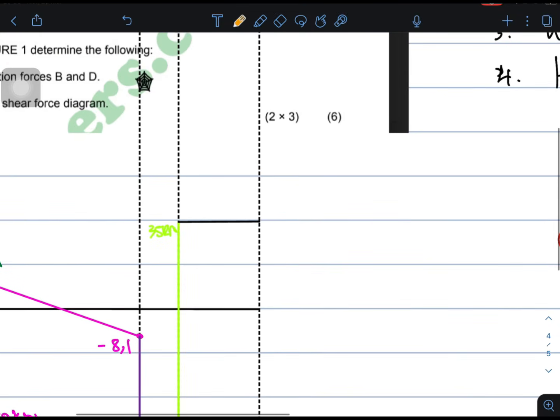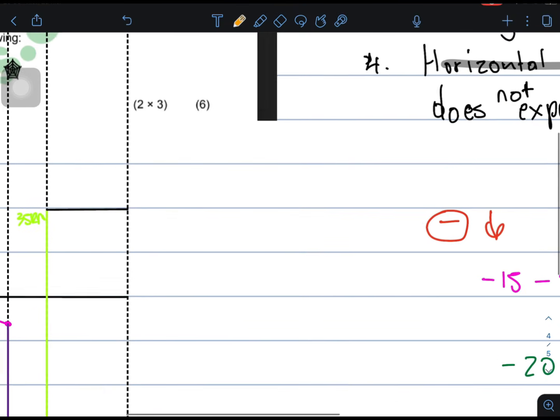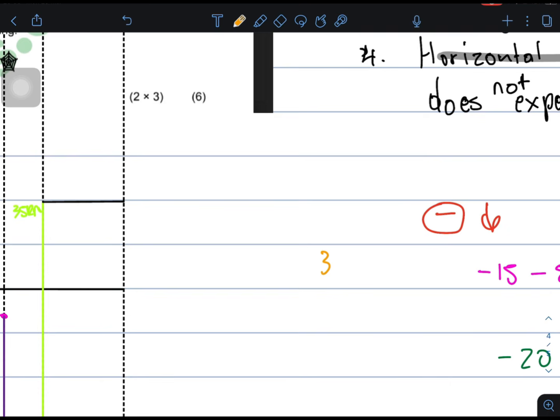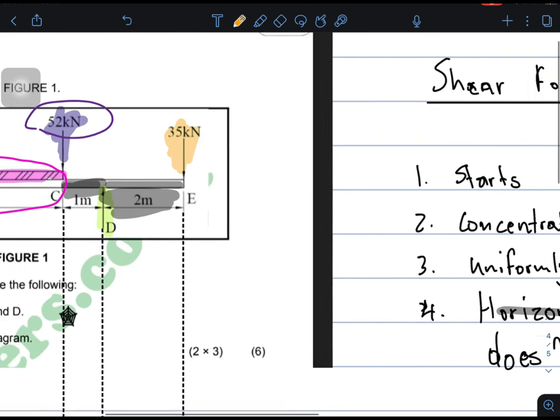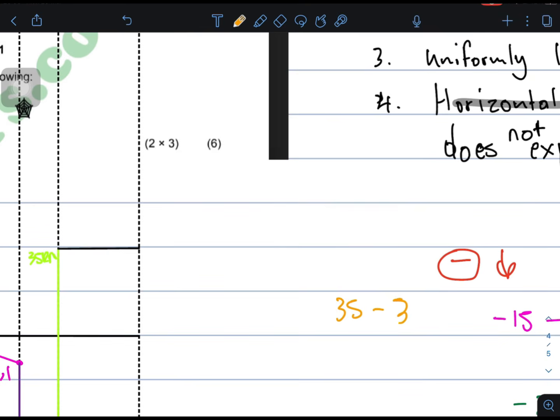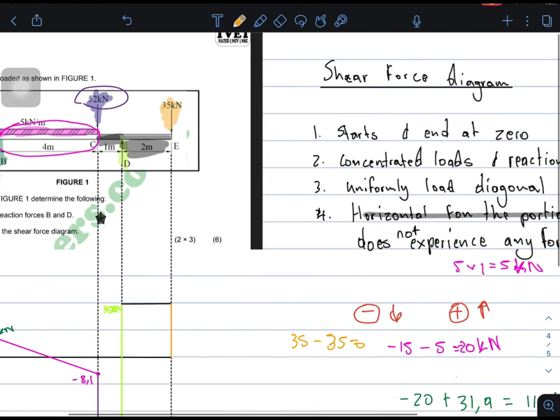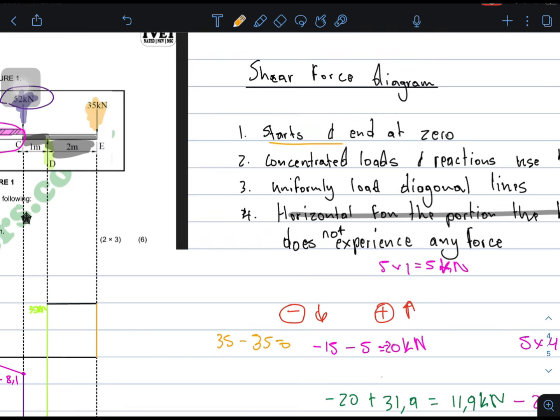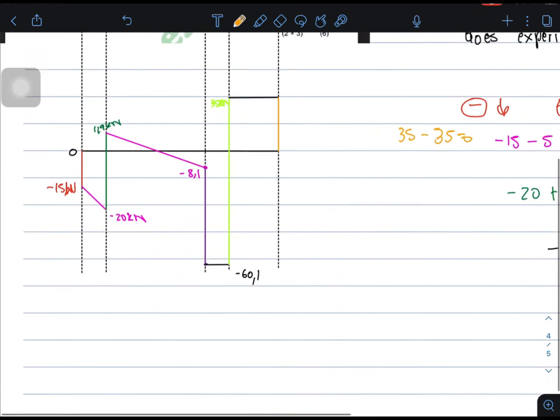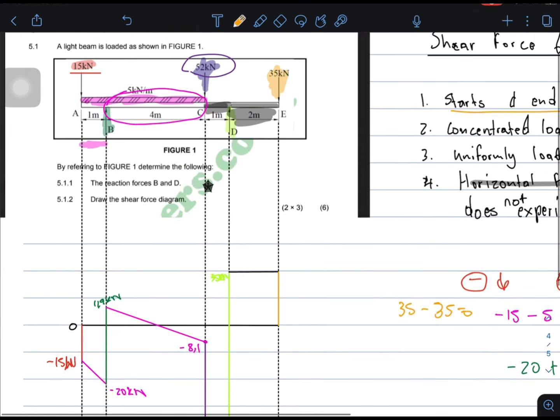So if I'm at positive 35, then minus 35, because I'm going downwards now, that's going to be 0. That means the force diagram is correct, because remember I said it starts and ends at 0. So guys, this is my force diagram.